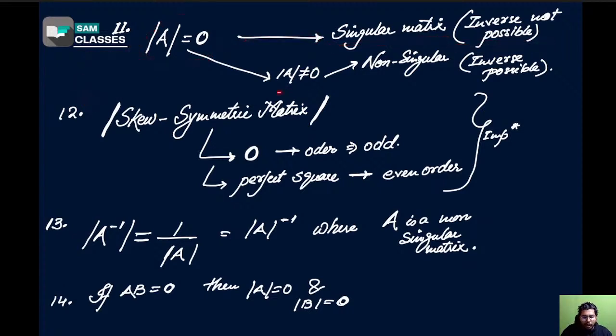And if the determinant of any matrix is not 0, meaning non-singular, then inverse is possible. So we got the condition. What is the condition for the inverse? If the determinant of A is not equal to 0, then only we say inverse exists. Clear everyone?